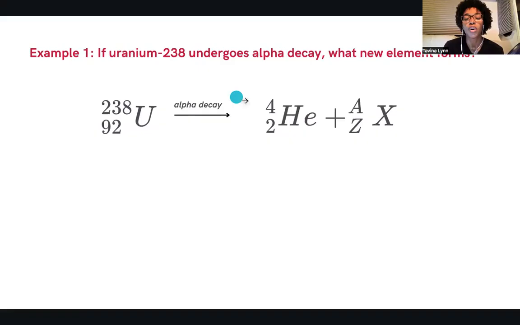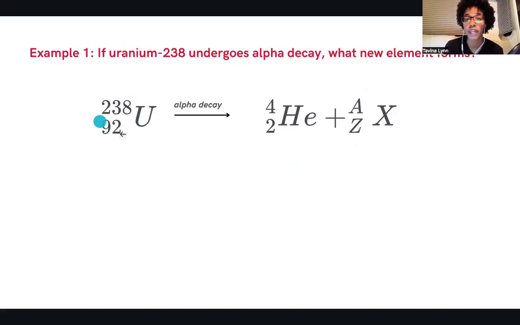So we know that if it undergoes decay, that means that we're forming an alpha particle. And so now to balance this, we're asking, well, what did this alpha particle react with to form uranium?